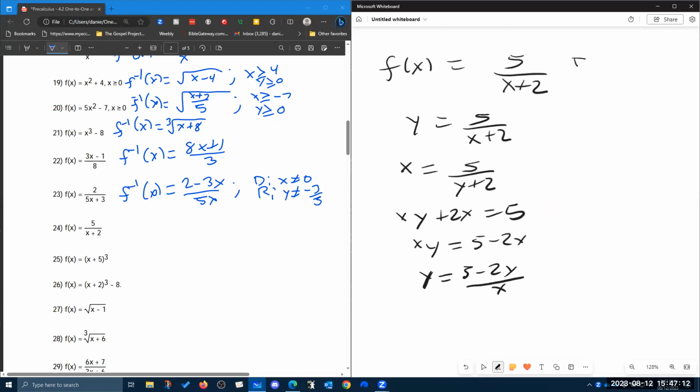Again, up here, my domain, x not -2. My range is y not equal to 0. My domain down here is x not equal to 0. My range is y not equal to -2.